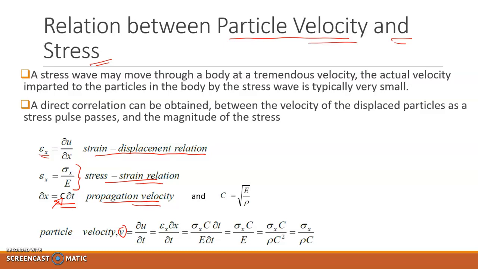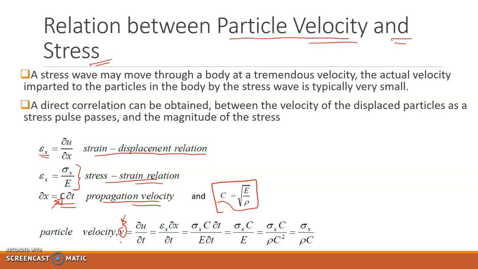The propagation velocity of the wave is much higher compared to the particle velocity small v, and c has a relationship with E and rho as c equals root of E by rho.